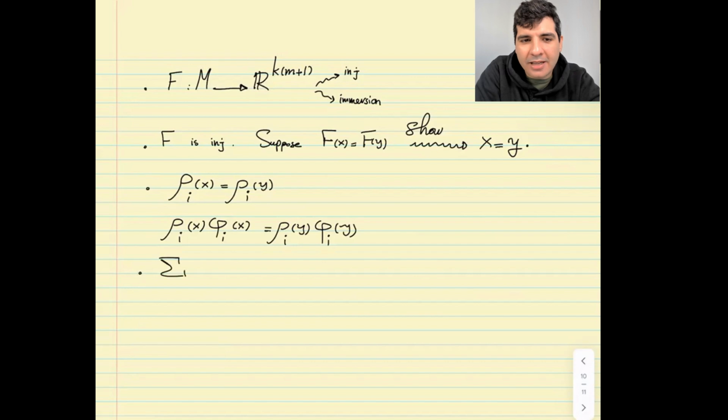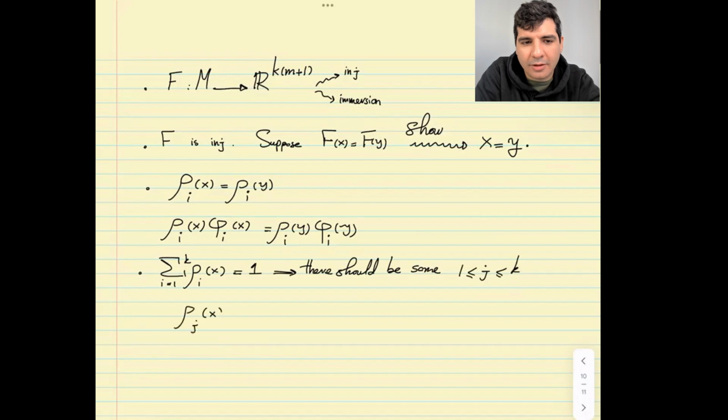Also, since the sum of rho_i of x is non-zero, it's equal to 1, there must be one index in this family, let's say j, such that rho_j of x is non-zero, right? So there is some j between 1 and k, such that rho_j of x is non-zero. It can't be that all of them are 0 and their sum would be equal to 1. Great. But rho_j of x is equal to rho_j of y, and they're non-zero.